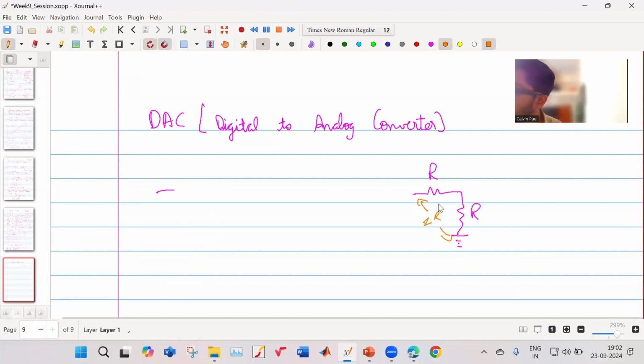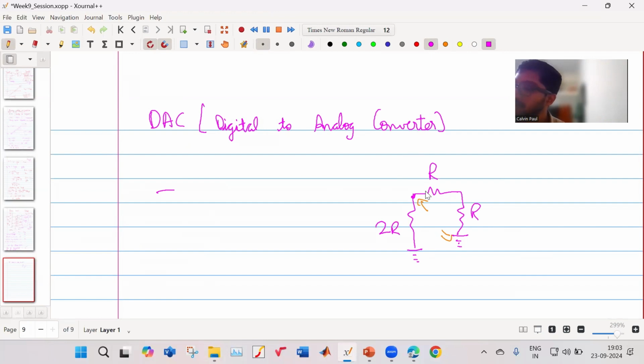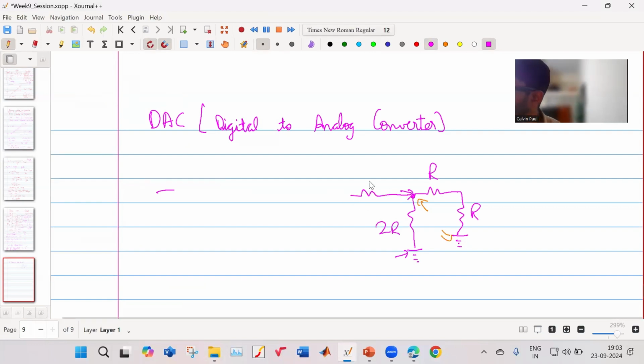Now, what I do is, I will connect another resistance here, 2R. Then what resistance will it show from this point to the ground? It will give resistance R. So in this fashion, we make a network.